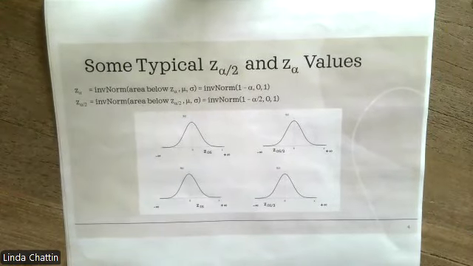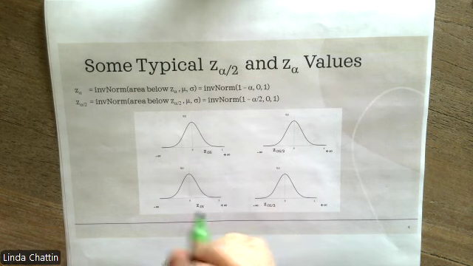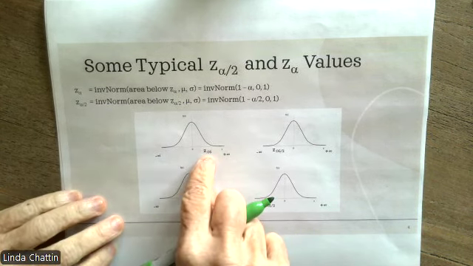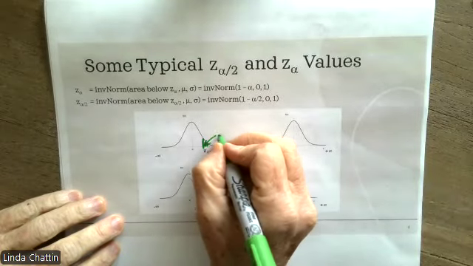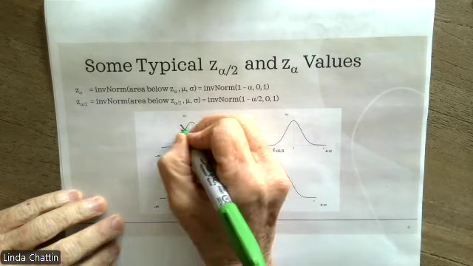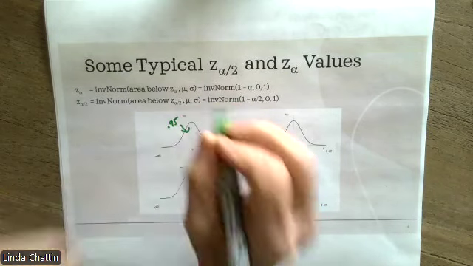So here are some of the typical z sub alpha over 2 and z sub alpha values that we will be using in this particular section of chapter 8. Let's do a couple of these here. How about z of 0.05? That means the area above here is 0.05 and the area below is 0.95.